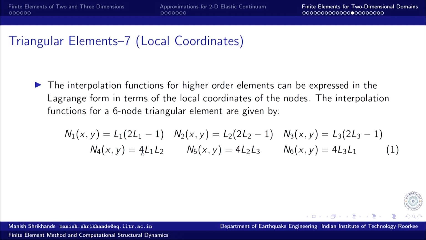Similarly, for the other mid side node, N5 will be equal to 4 times L2 and L3, because node 5 is between nodes 2 and 3, right. So, that will be the interpolation along the line where L1 is 0, and L2 and L3 will be 0 along the other two edges.